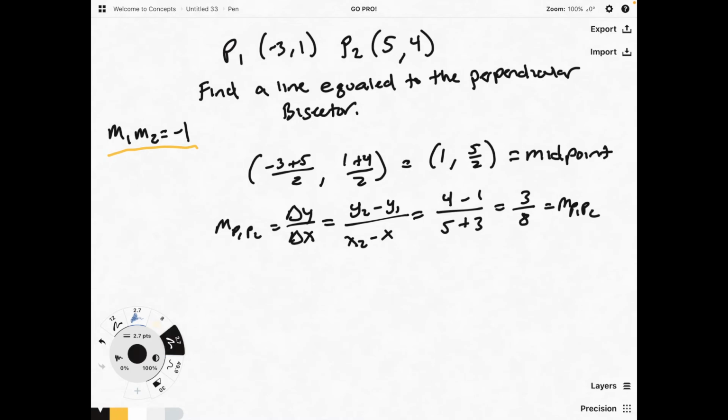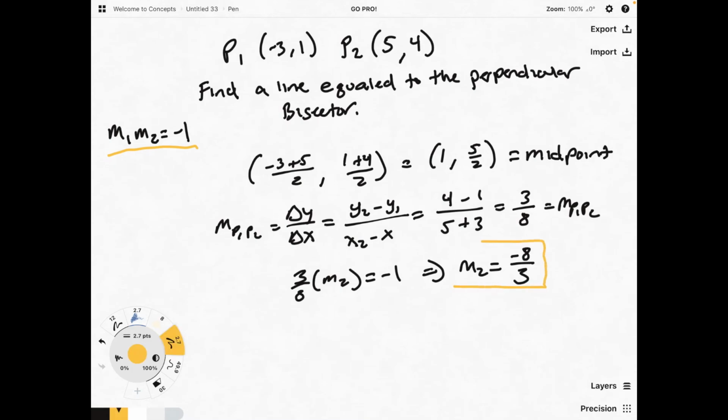So we are going to do 3 over 8 multiplied by our second slope is equal to -1. And if we solve this, then we know that M2 is equal to -8 over 3. This is the slope of our line that is perpendicular to the line through P1 and P2.